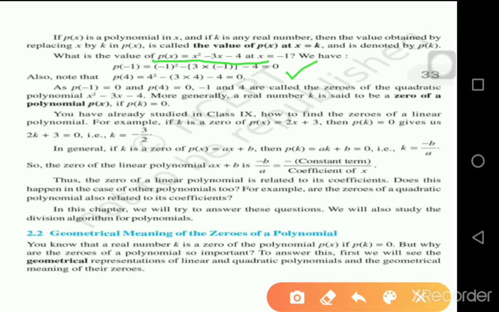For the linear polynomial, we can represent it as ax plus b. There the zero will be minus b by a.